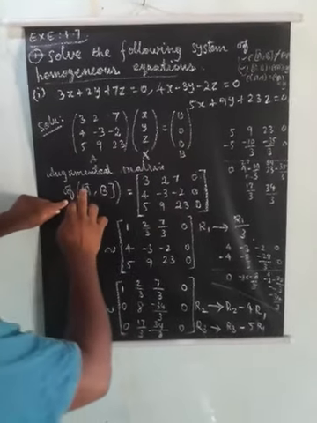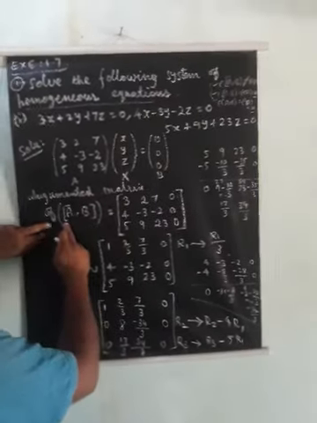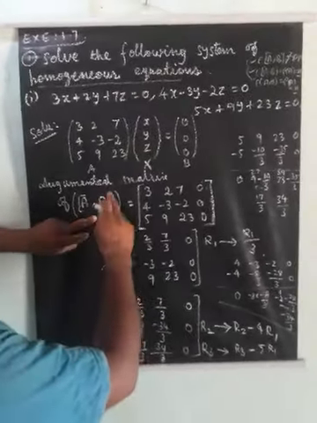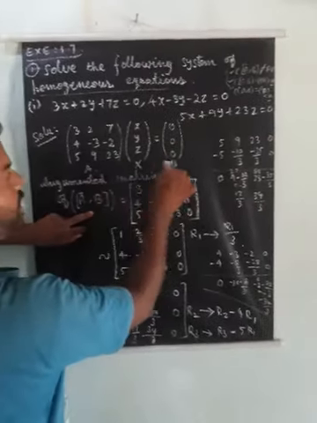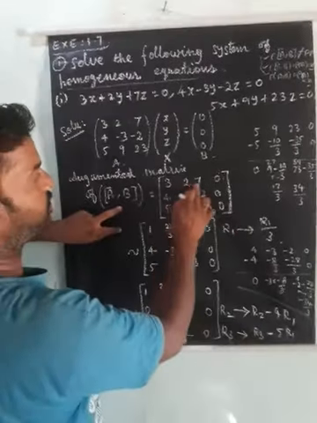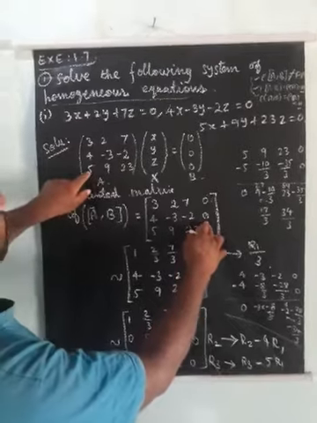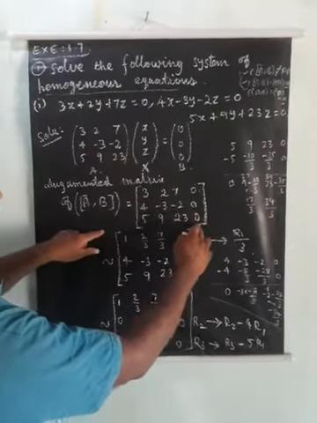Then we apply row elementary operations on the augmented matrix. Augmented matrix means we write the A matrix and B matrix together: 3, 2, 7, 0; 4, -3, -2, 0; 5, 9, 23, 0.